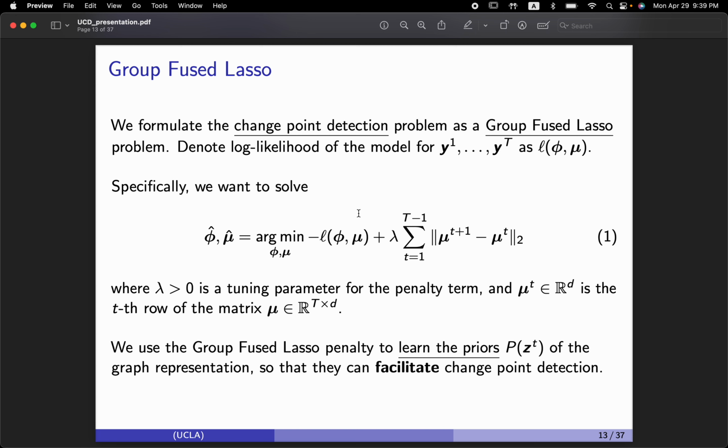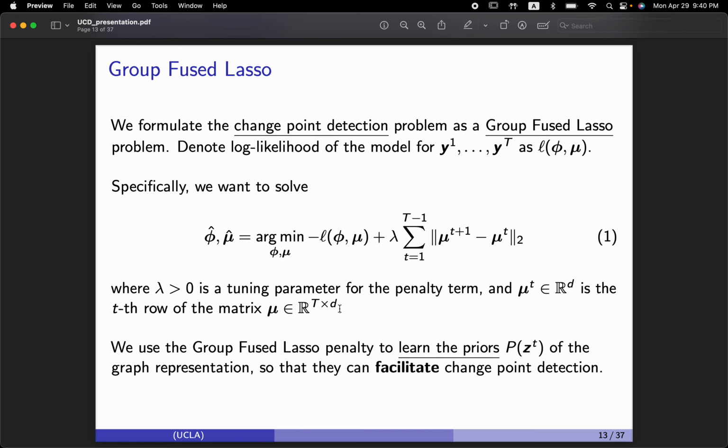We want to solve the following optimization problem: minimize the negative log likelihood of the model for the data, while penalizing the sequential difference between consecutive time points. Lambda is a tuning parameter for the penalty term, and mu_t, a d-dimensional vector, is the t-th row of the matrix mu, which is a T by d matrix.